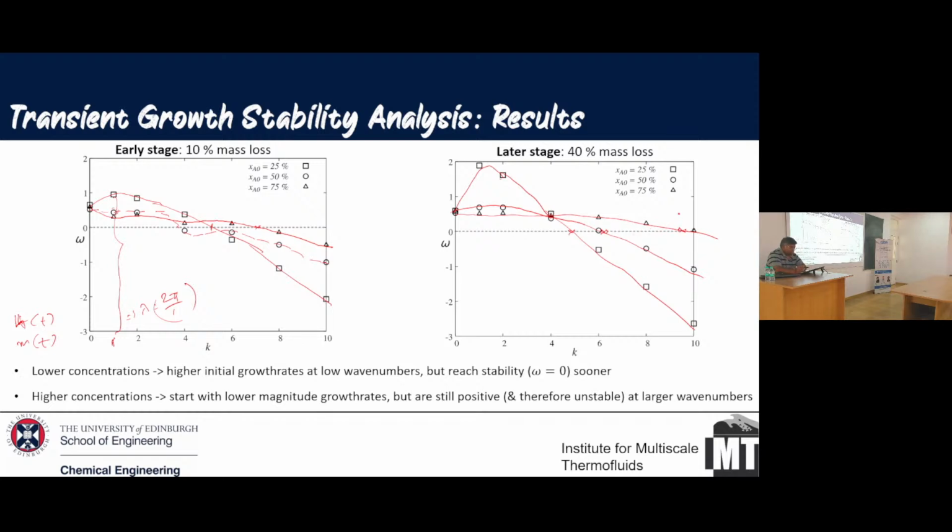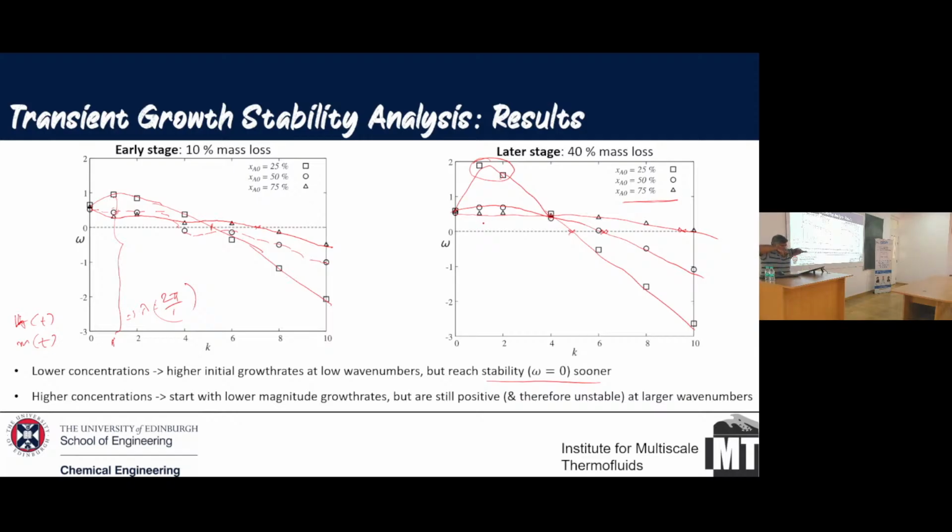So one thing you can say is that when you are at lower concentrations, you will have very quick development of these spokes, but these spokes immediately die, so you reach stability sooner. If you increase the concentration up to say 75% ethanol, you will find a lot more spokes.